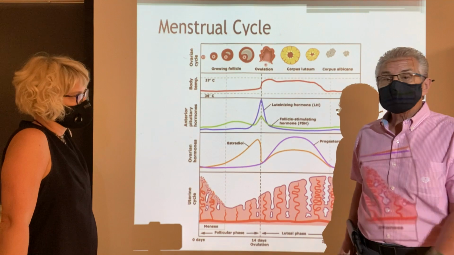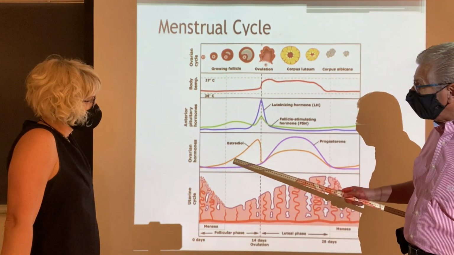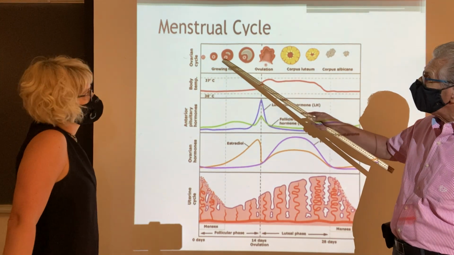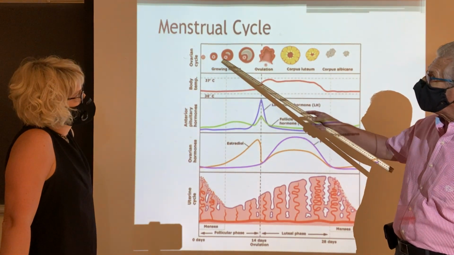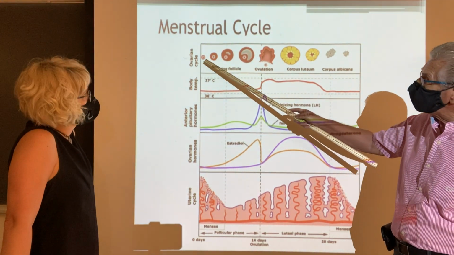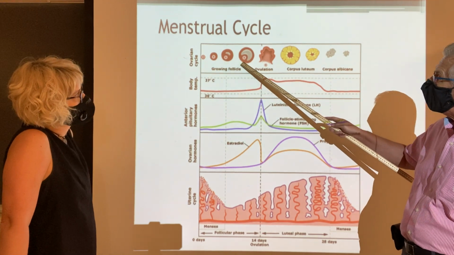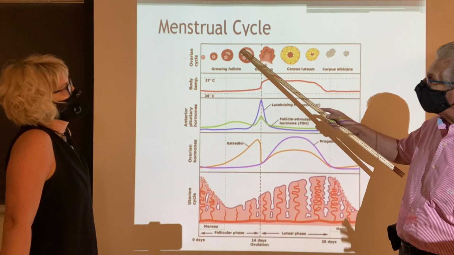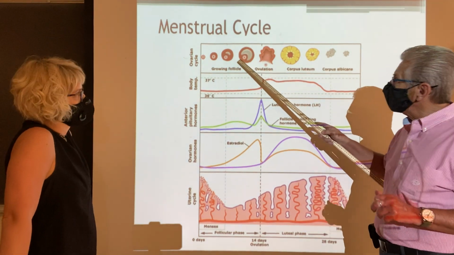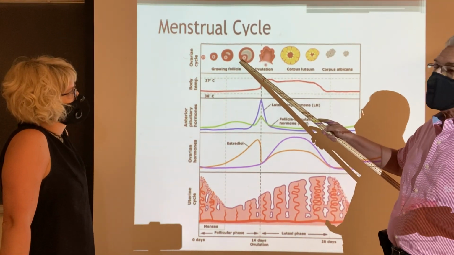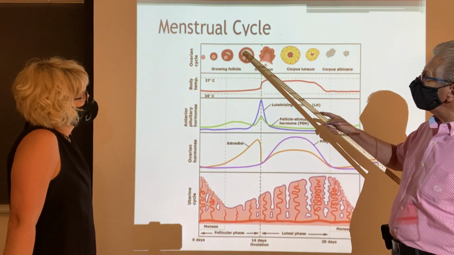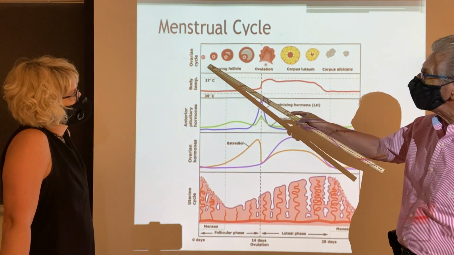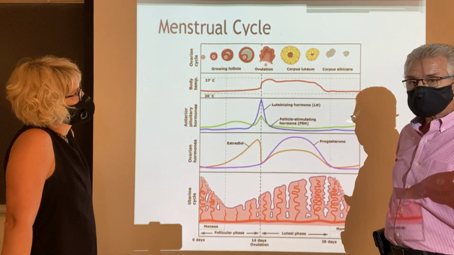estradiol, estrogen, peaks. Why does it peak? Because the initial growth that was occurring between day 1 and that maturation up to day 12, 13, whatever that may be, maybe even day 10, 11, we don't know, but the bottom line is that was initiated by estrogen.